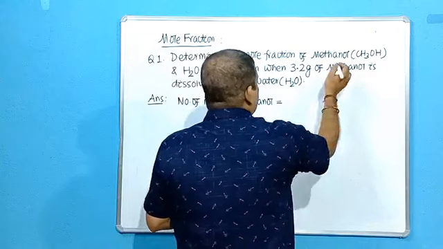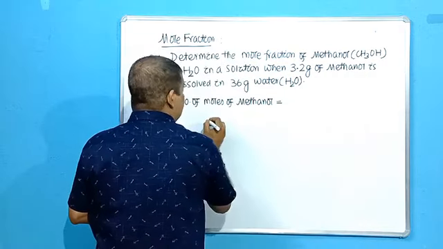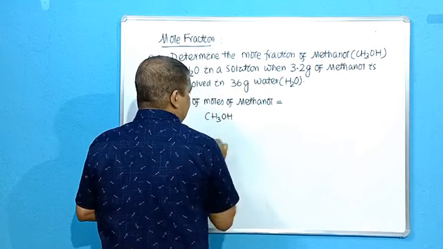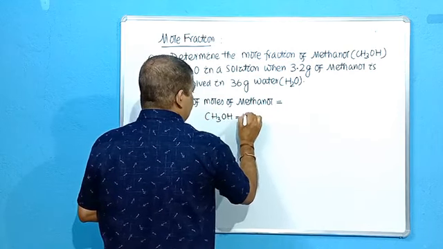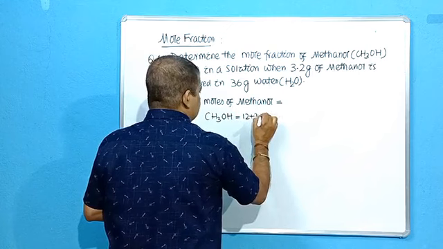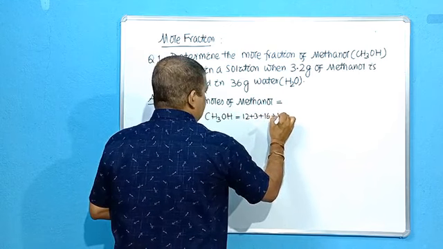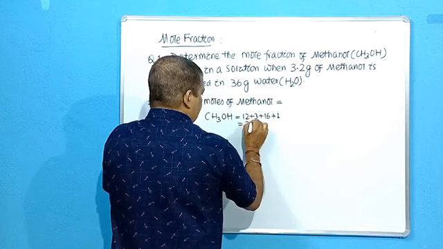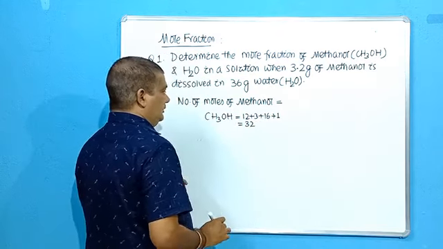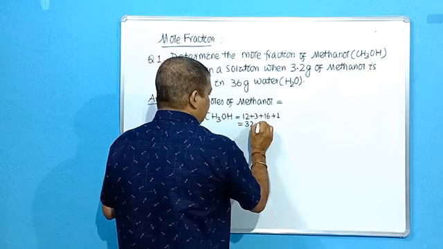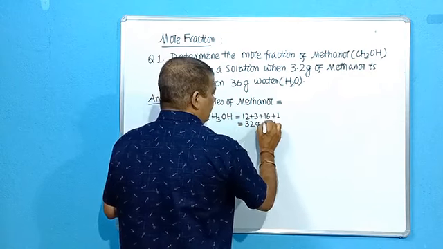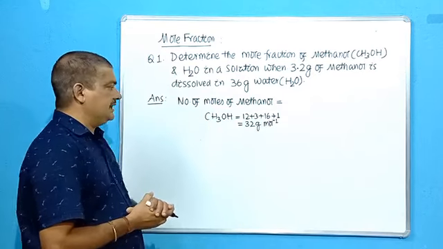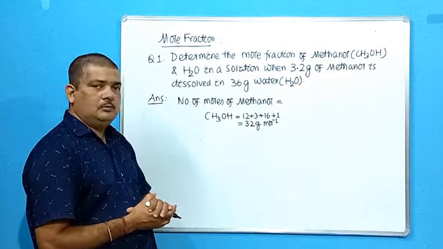The methanol formula is CH3OH. So what is the molecular mass? 12 plus 3 plus 16 plus 1, that means 32 is the molecular mass of methanol. So the molar mass of methanol will be 32 gram per mole.